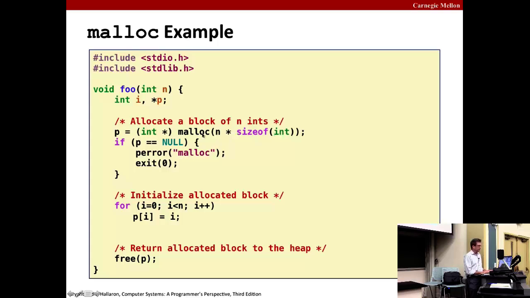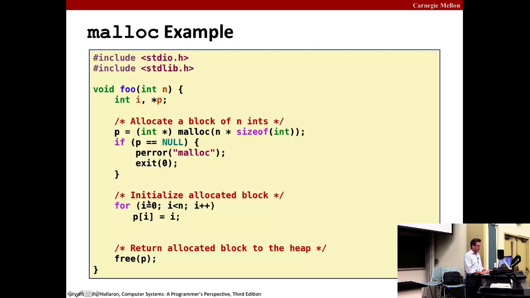Malloc returns a generic pointer, a void star pointer, so we cast it to a pointer to an int to keep the compiler happy, and then assign it to p. We check for a null return value. I should point out it returns 0 on error. So we check for this null pointer, which is 0, and print an error if it's null.